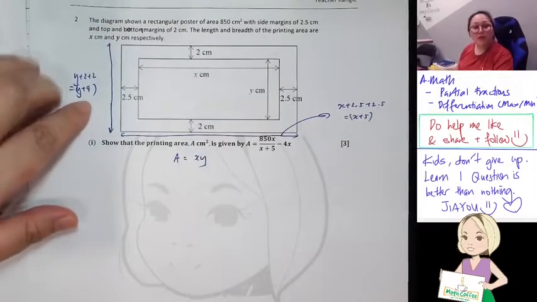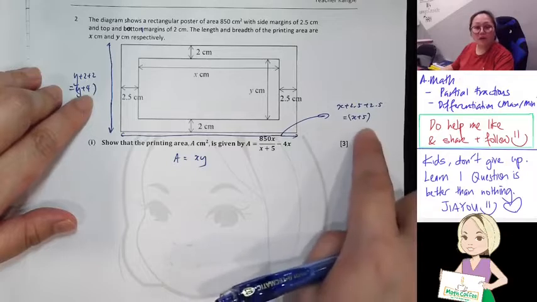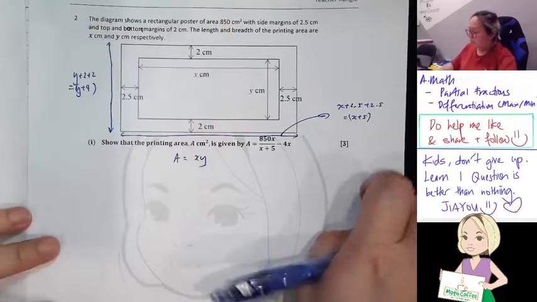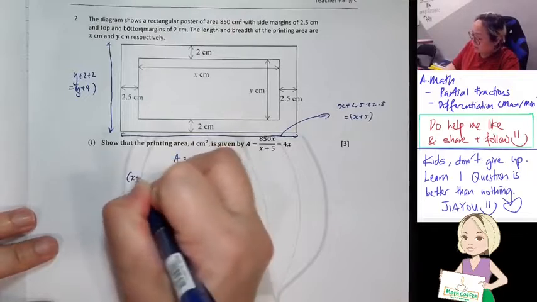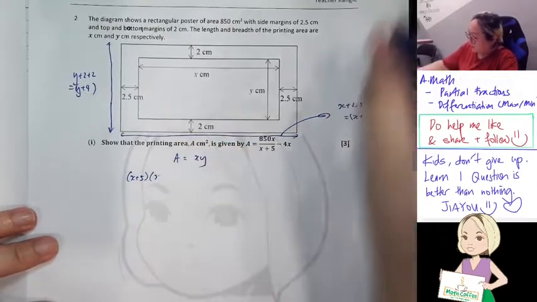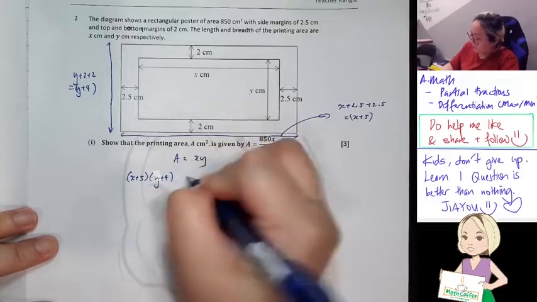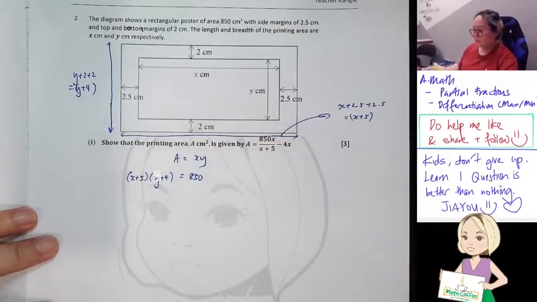So this is the breadth and the length of the poster, which they give us is 850. So I will know that x plus 5 multiplied by y plus 4 is equals to 850. So my task is to make y the subject.